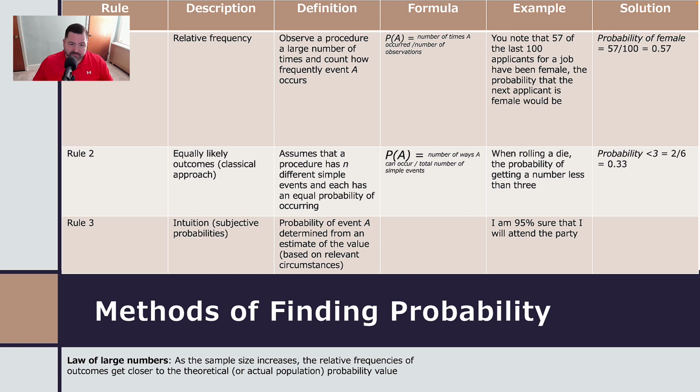In the third possible rule, when it comes to probability, we can do things that are known as intuition. So in this case, we're looking at the probability of an event, the thing happening, and we're determining that from an estimation of some perceived value based off of circumstances and context.